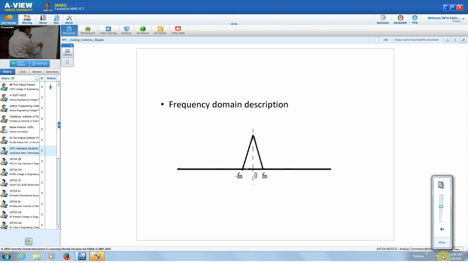The spectrum is moving, frequencies will also be overlapping, and your detection will be a problem.